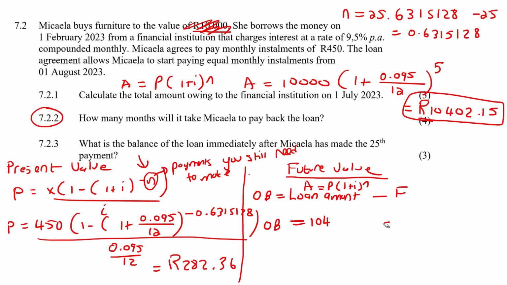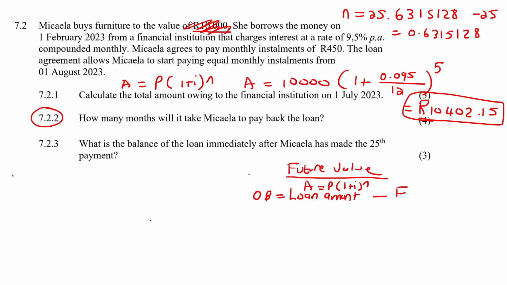Okay, I'm definitely going to run out of space. I'm going to erase the present value because you get the idea. So it's here, future value. We said that your outstanding balance is always going to be your loan amount, whatever that's become, minus your future value.